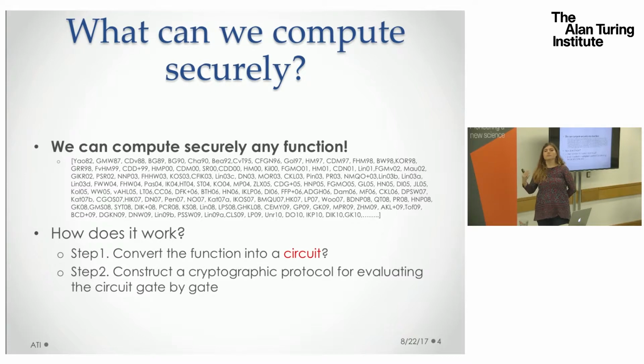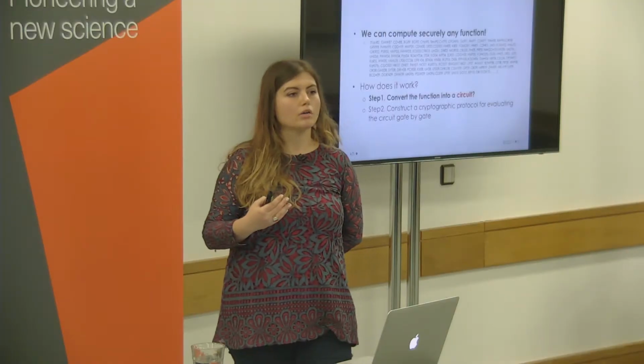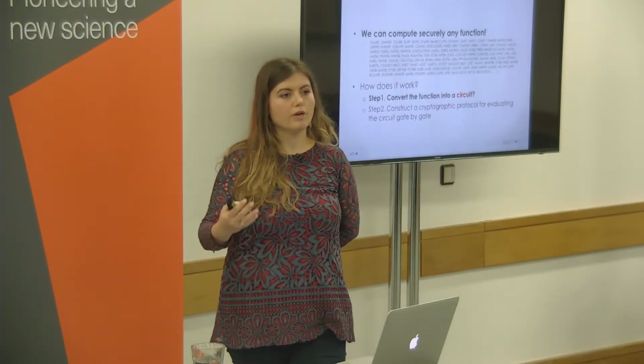There are many different constructions that achieve this in different ways, but the common feature among them is that this evaluation happens gate by gate. And why do I put emphasis on these two steps? Because I want to look a little bit more carefully at the first step, which says that we first need to convert our function into a circuit.